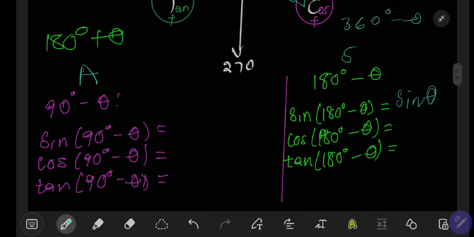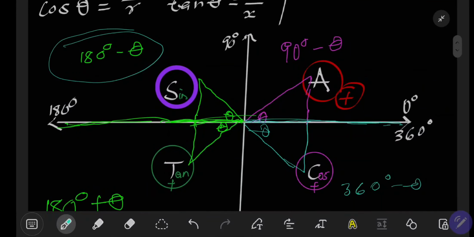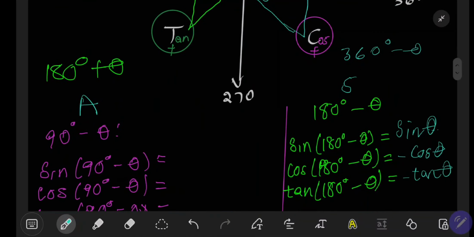And then now when we have cos of 180 degrees minus theta, we're going to have negative cos of theta. Then here we're going to have negative tan of theta. So here it means only the sine is positive in the second quadrant. Where you see 180 degrees minus theta, then that is where you know that sine is positive. Then all the other trigonometric ratios are negative.